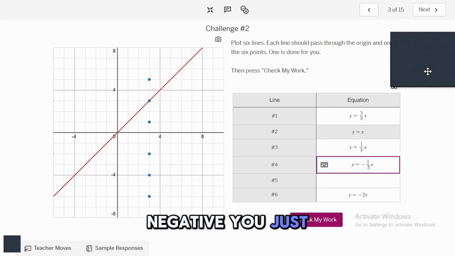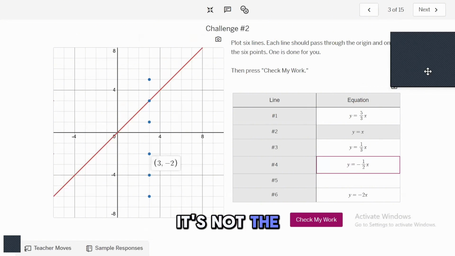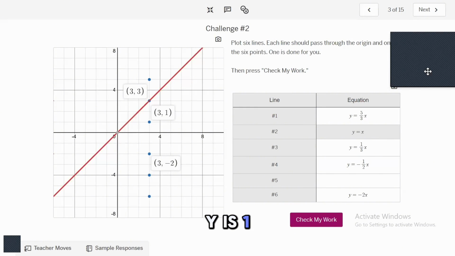Did I try negative x? I don't think I did, no. But maybe. Wait, is this the same number? Hold on. No, it's not the same number. It would be negative x if these two were the same exact number. See how this is 3, 3? So whatever x is, y is. When x is 1, y is 1. When x is 2, y is 2. When x is 3, y is 2.